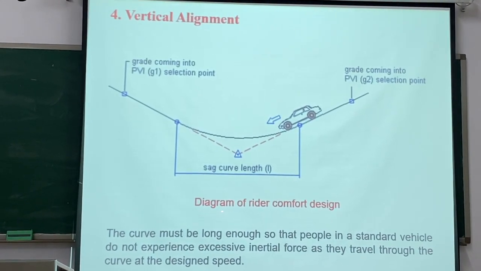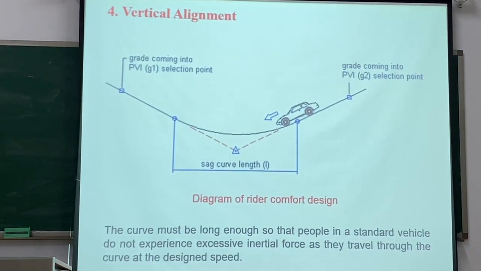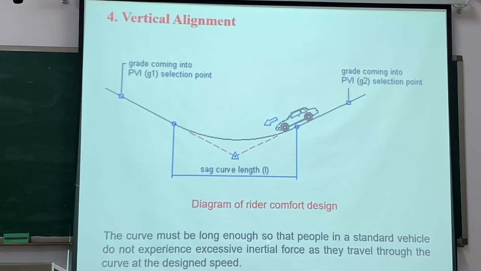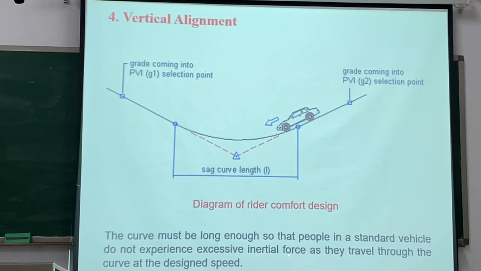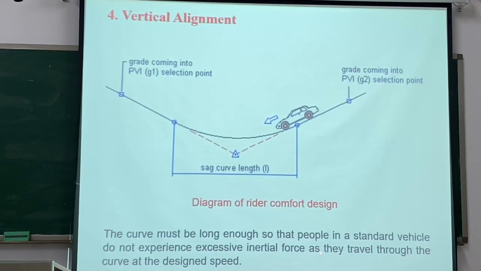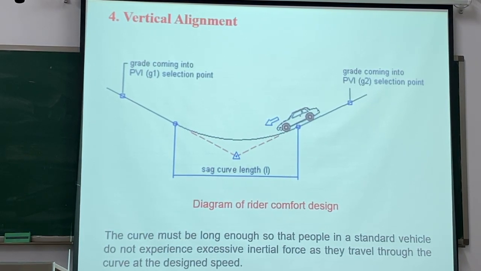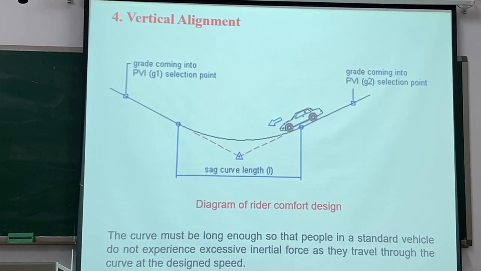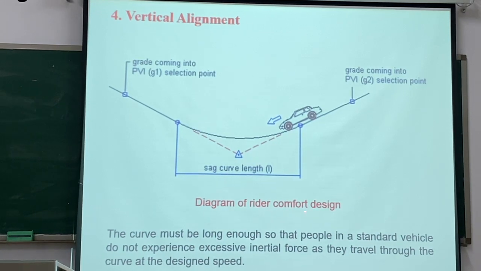This is a diagram of rider comfort design. The curve must be long enough so that people in a standard vehicle do not experience excessive inertial force as they travel through the curve at the design speed. So this is another thing we should consider: ride comfort.